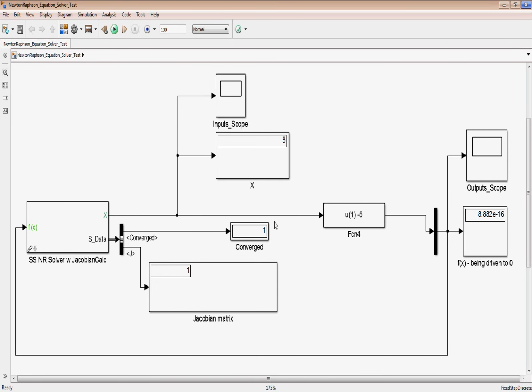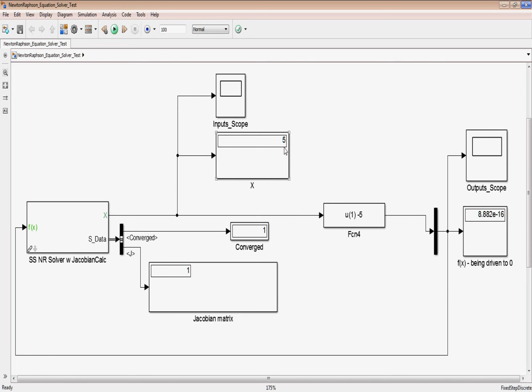So out here you have the converged variable. This pretty much just says whether you've met that convergence, and this is the variable going in. So we ran that, and you'll notice by inspection this function u of 1 minus 5, you can see what would solve this, and it would be 5. 5 minus 5 equals 0.